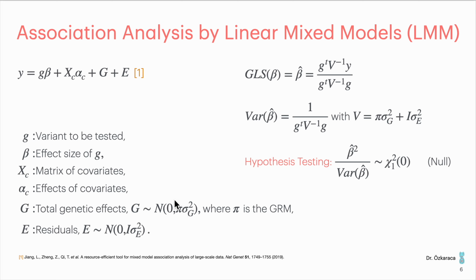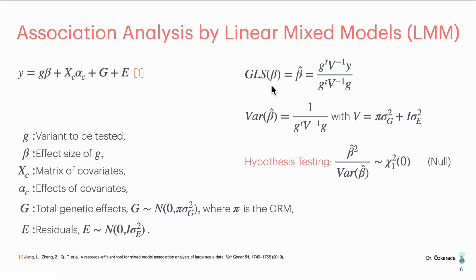So this only contributes to the variance of the trait, and E is the residuals of this model. And in the next slides, I will talk about how this model solves the issues that we outlined for the linear regression.